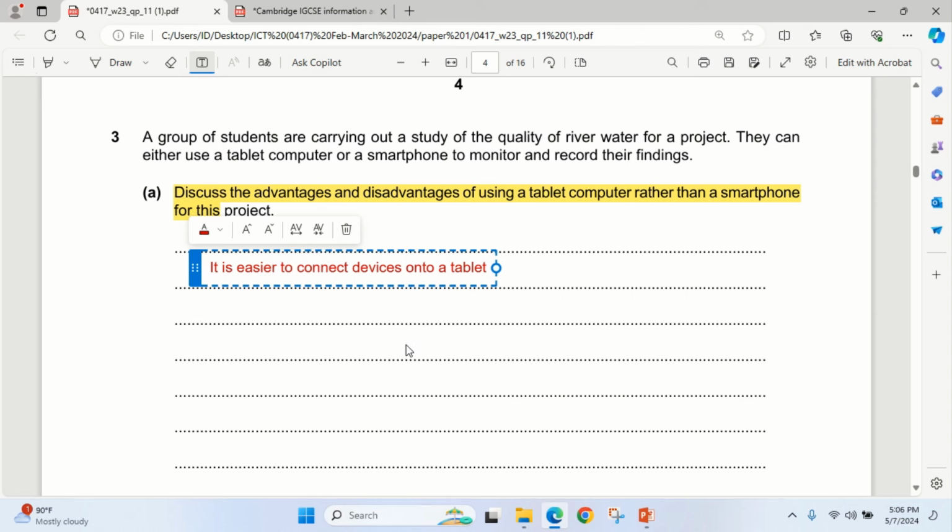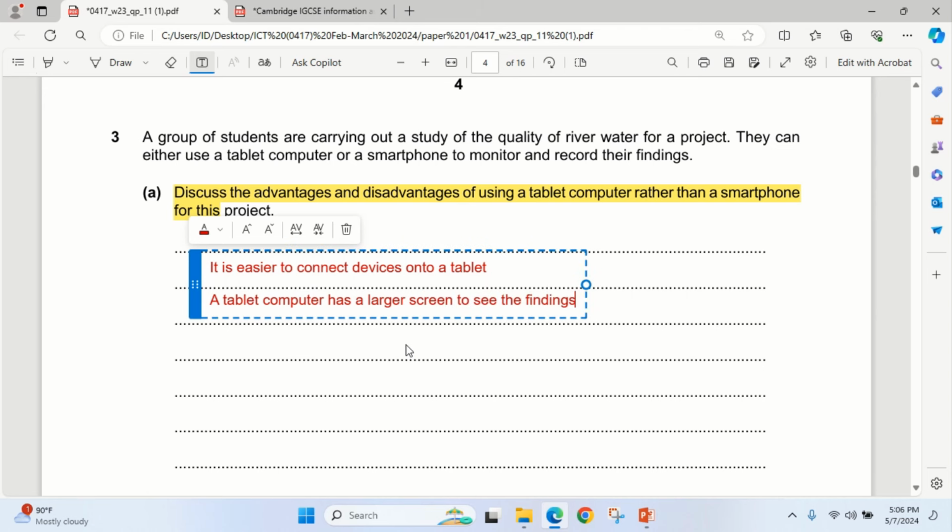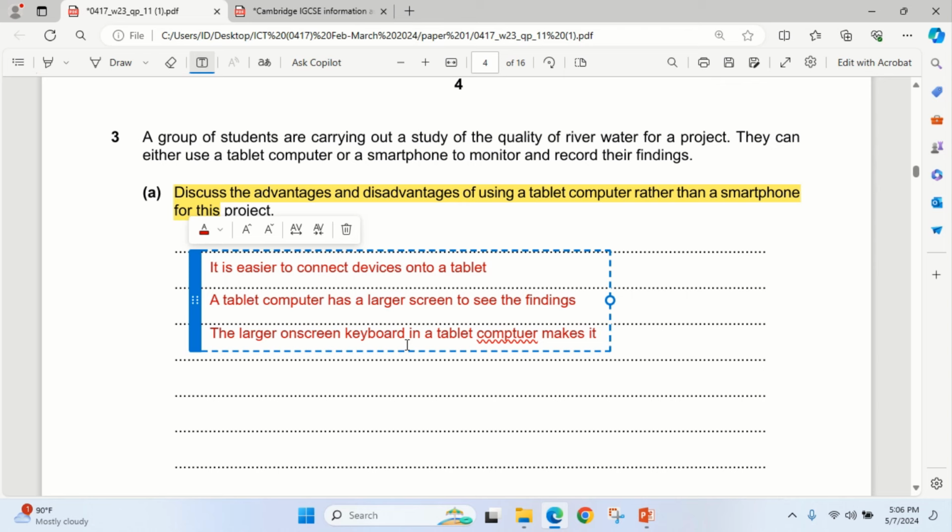Then another advantage is that a tablet computer has a larger screen to see the findings you're working on for the project. Another thing is that you could also make use of the larger on-screen keyboard in a tablet computer, which makes it easier to enter data.